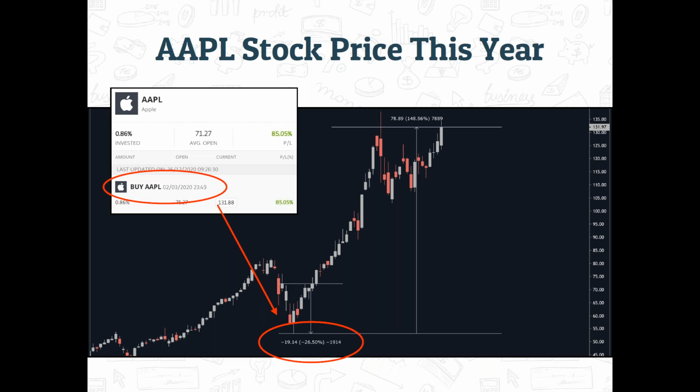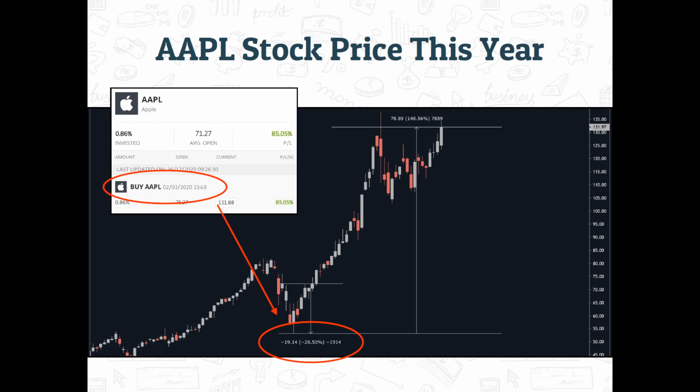Honestly, I will also panic if it's not a fundamentally strong company. But I know Apple, and I'm willing to hold on to Apple for the next 10 years, 15 years, even forever. That's my idea of investing based on fundamentals. So with that 26% dip, I'm not worried at all because I know Apple is a long-term game.